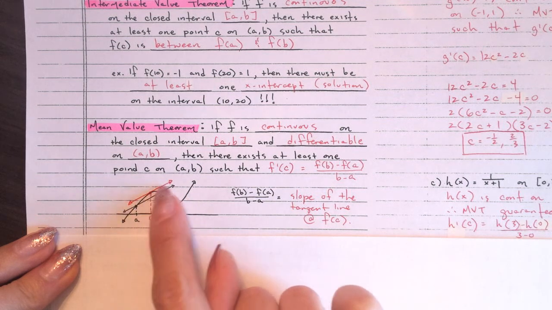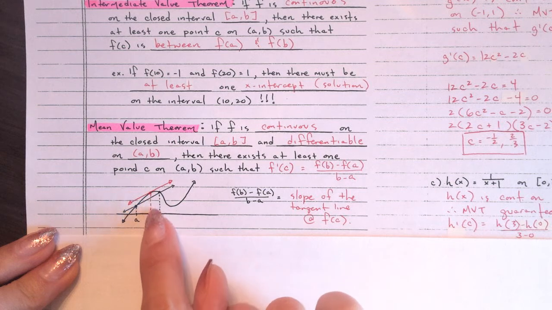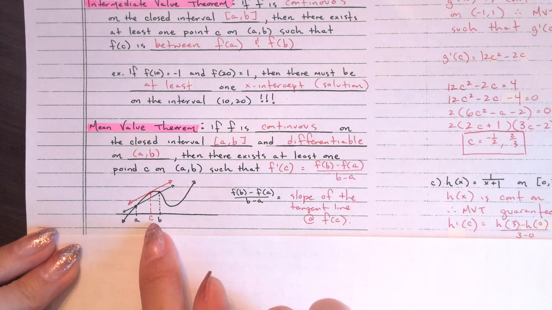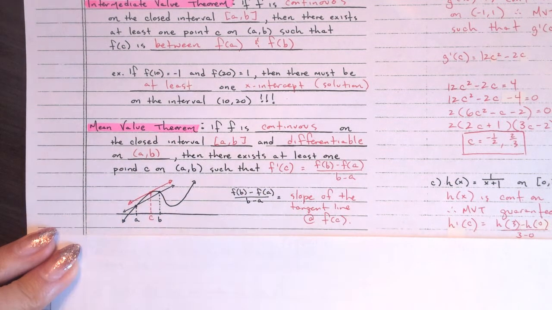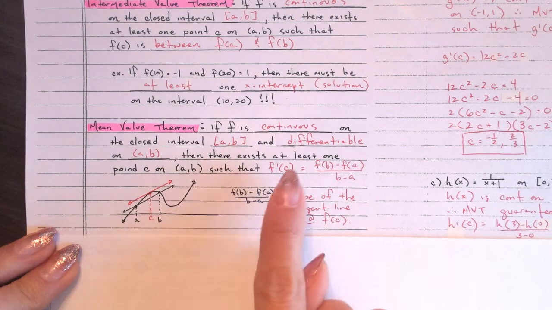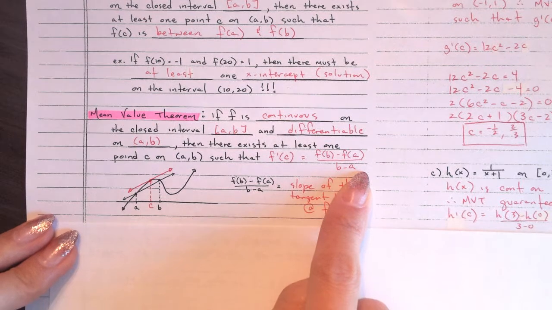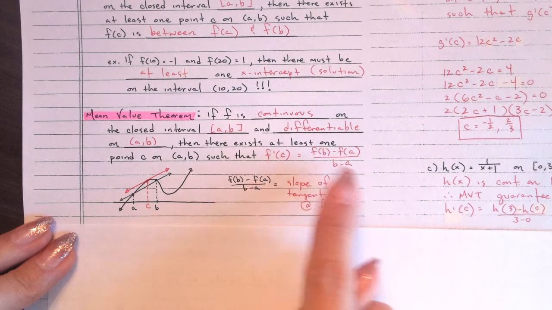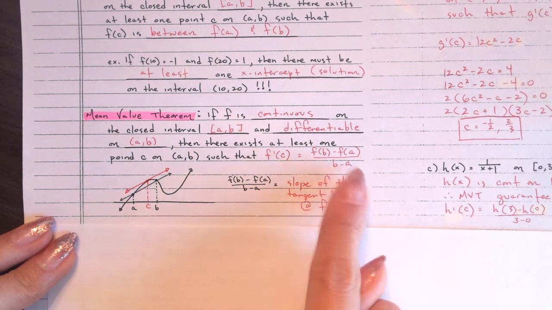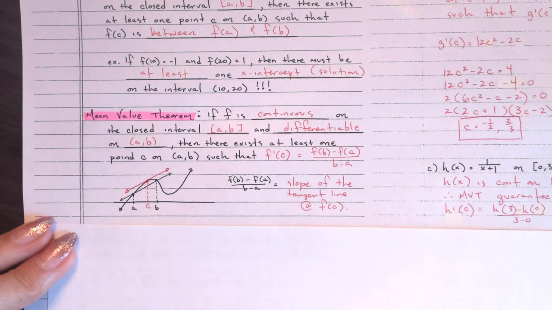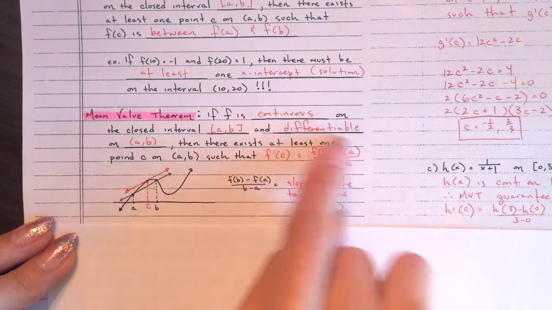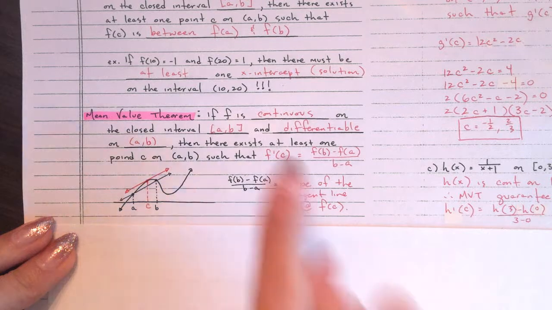It would be somewhere here, and then you would have a point C, and that's what you would be looking for. Like when you solve for everything, that's what you've been looking for. So we're just saying slope equals slope. Derivative equals old school slope. So that's what we like to say, right? Derivative equals old school slope. But really it's slope equals slope, which makes sense. A slope is a slope is a slope. So it has to be continuous and differentiable.